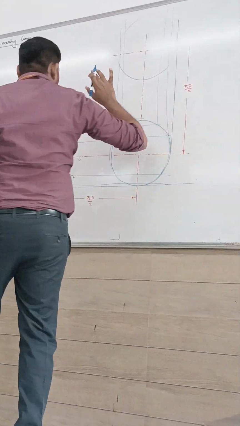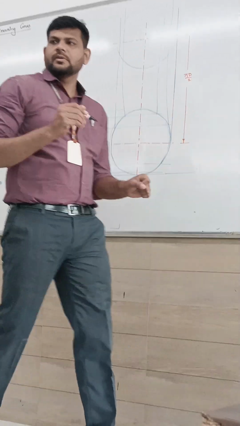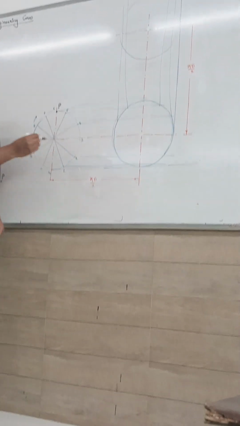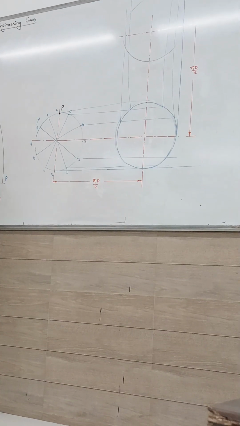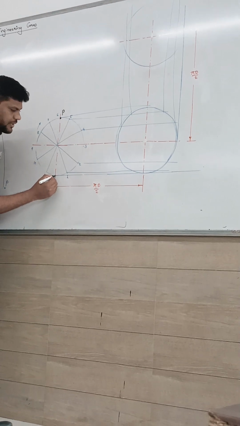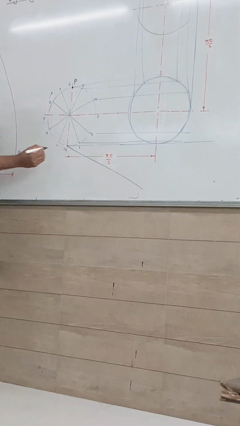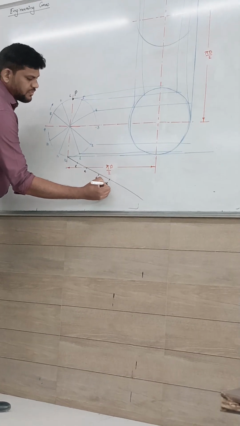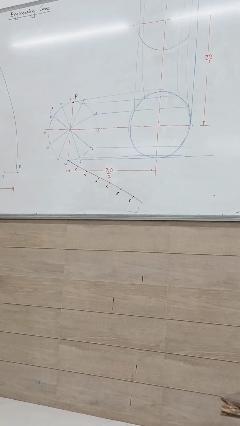Now, how to take the projections? For that we need to divide this pi d by 2 into an equal number of parts. So for that, first I will draw an inclined line and divide it into 6 parts. Why 6? Why not 12?